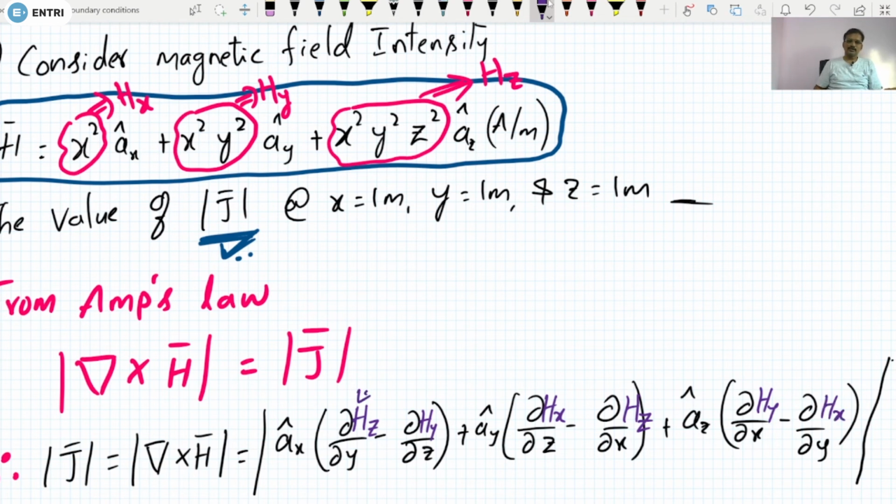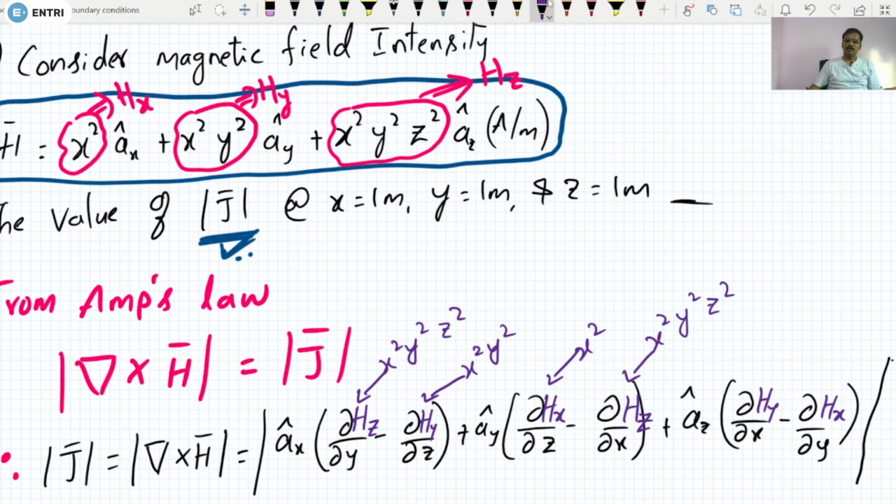So here Hz is how much? Hz is nothing but x square y square z square. Similarly Hy is nothing but what? x square y square, and here Hx is nothing but x square. And here Hz is x square y square z square, Hy is x square y square, and Hx is nothing but x square.